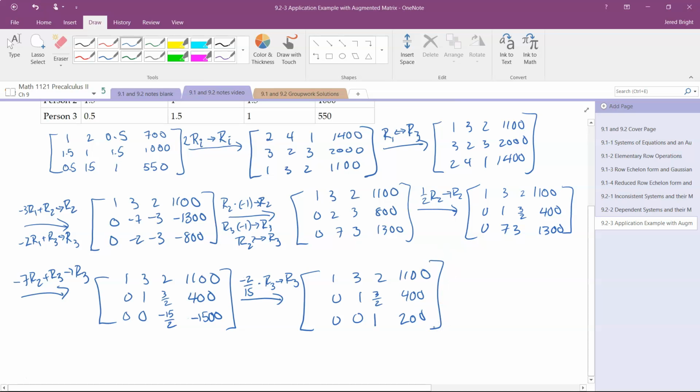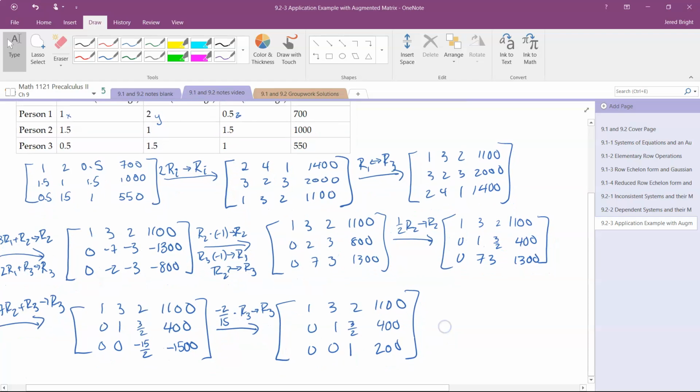Okay, which is very nice, because then I can say that z was the amount of rice, so z is 200, and then doing back substitution, y is 100, and then doing the back substitution again, that's 300 plus 400 is 700, so that makes x 400.